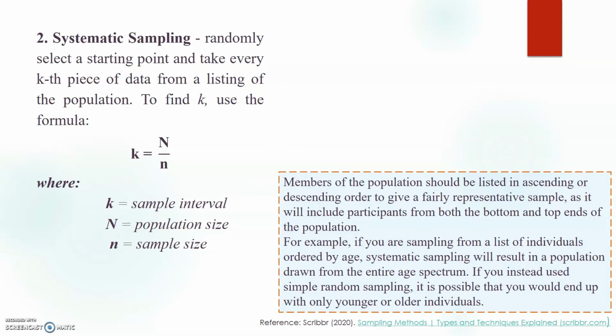If an important variable of the study is age, then the ages of the members of the population should also be arranged accordingly, may it be increasing or decreasing. This arrangement gives a fairly representative sample, as it will include participants from both the bottom and top ends of the population.